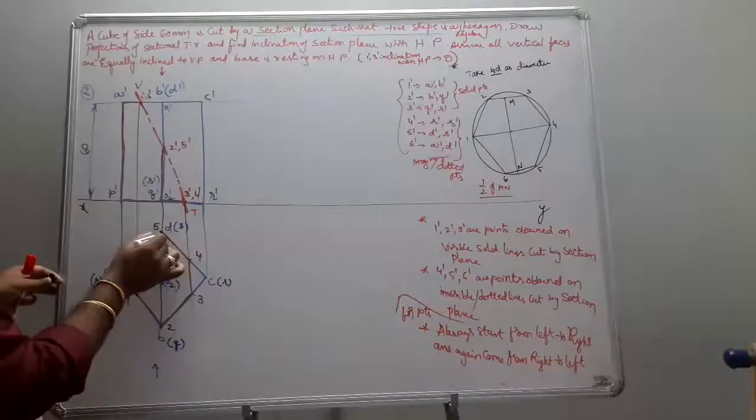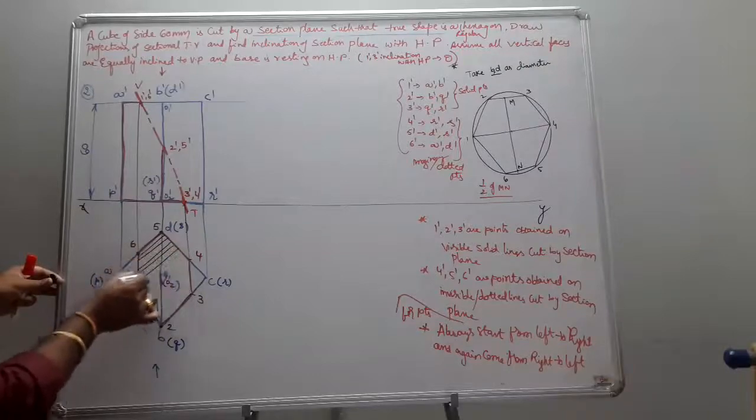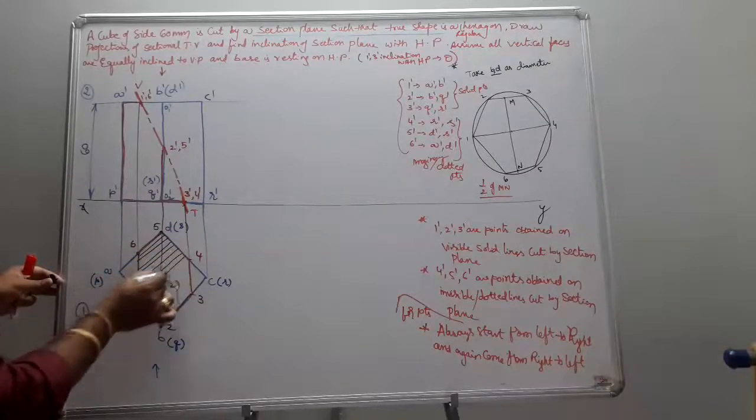This becomes your regular hexagon. Once you obtain your hexagon, you just have to mark hatching. Hatching means it was the sectioned portion.